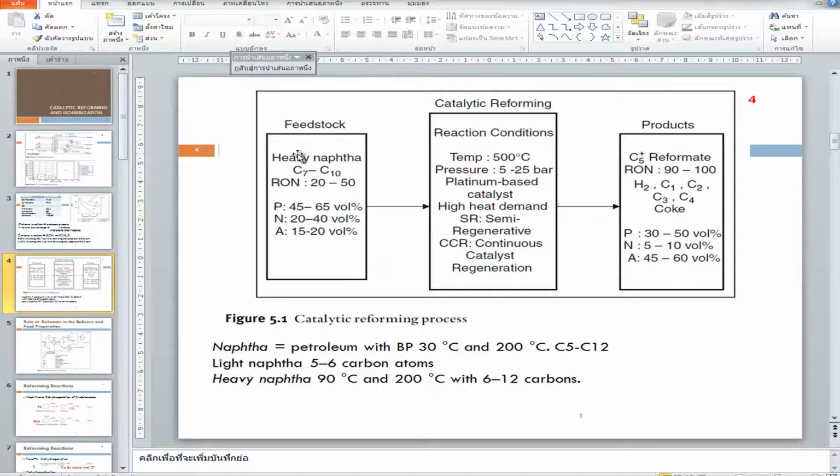With the mixture of paraffin, naphthenes, and aromatics in this particular volume percent, the resulting octane number is not high, about 20 to 50.